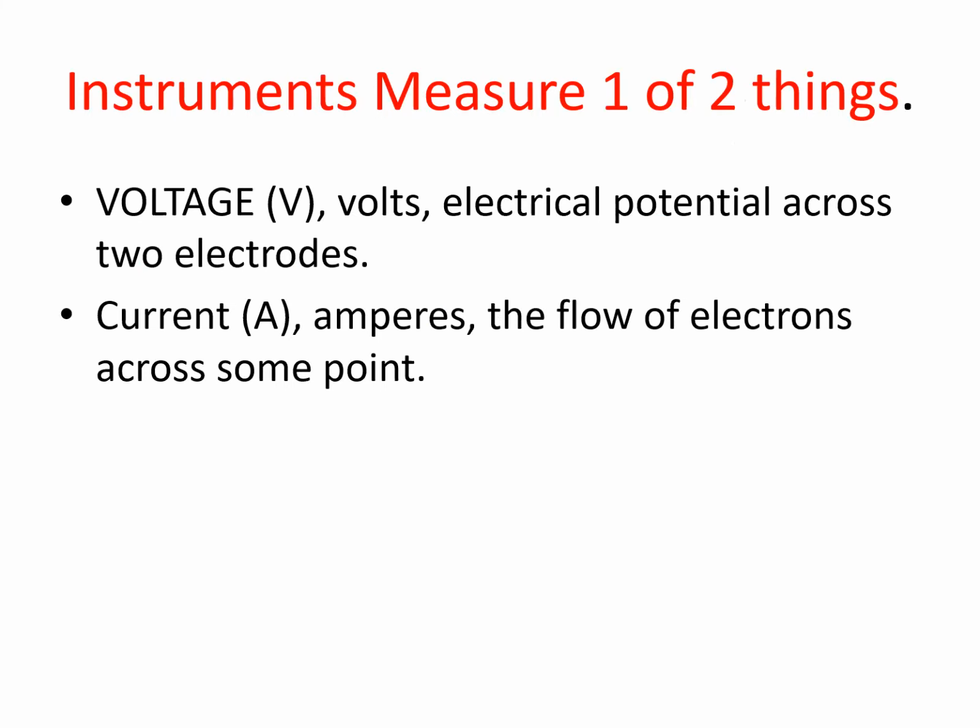It's current, A, which is measured in amperes, and current is the flow of electrons across some point. Those are the two things that we measure when we get our information. And it's governed by Ohm's law, V, that's the voltage equals current, I, times the resistance, which is measured in ohms. So resistance is measured in ohms, as we all know.